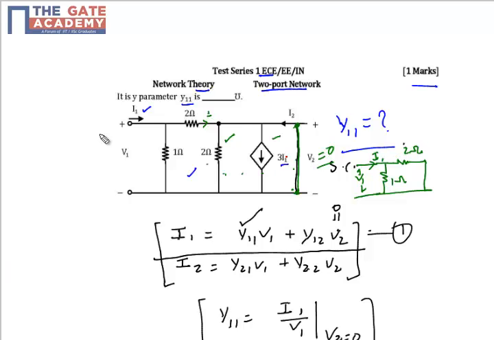I can redraw the circuit as a 2 ohm and a 1 ohm resistor with a short circuit wire, with input voltage V1 and input current I1.